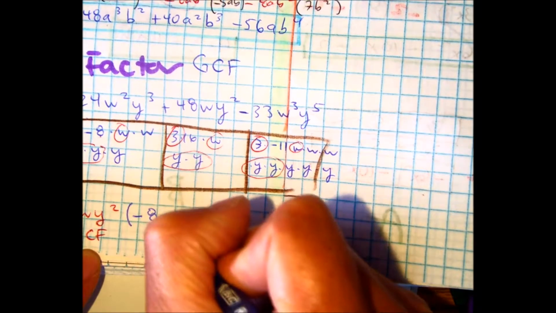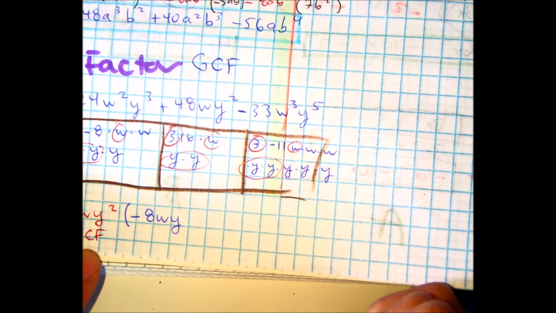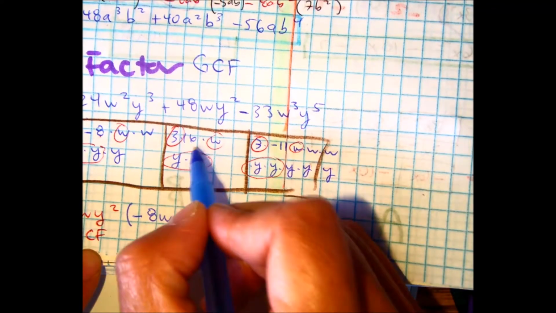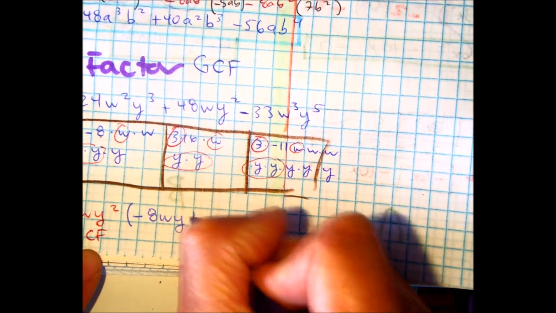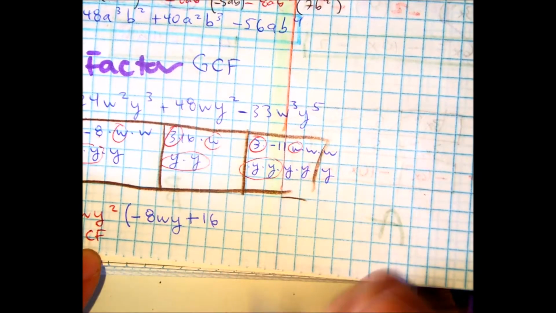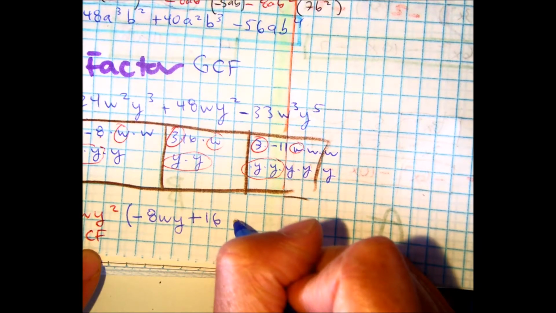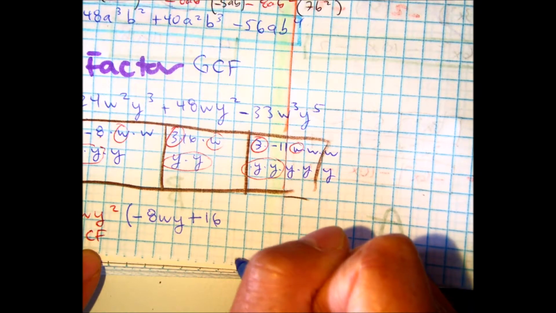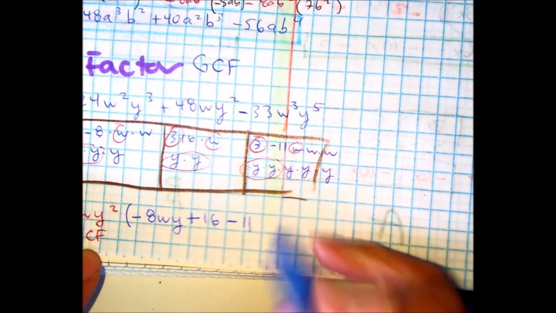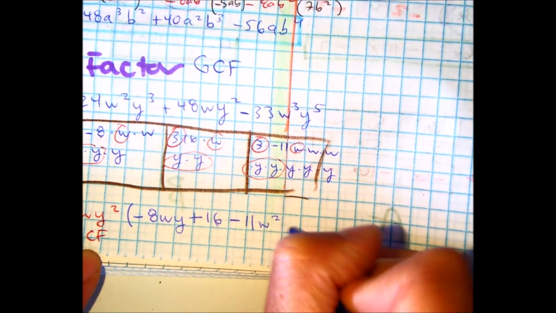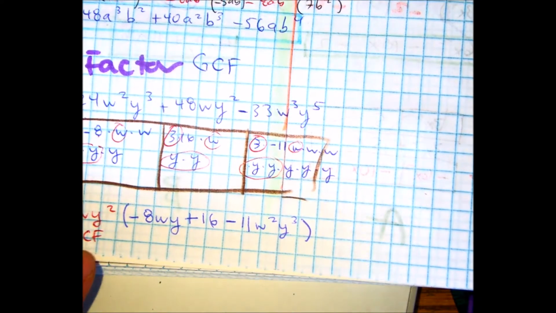Negative 8 W Y. What's next? 16. Do I just write 16? Plus 16. Yeah, it's a positive, so you write plus 16. W. How many W's? 1. Minus 11 W squared Y cubed. And that's our answer.